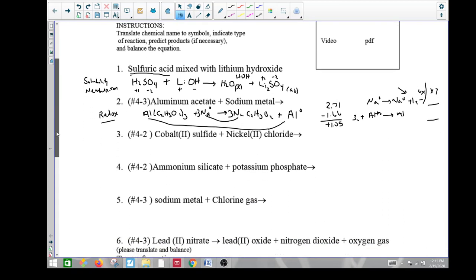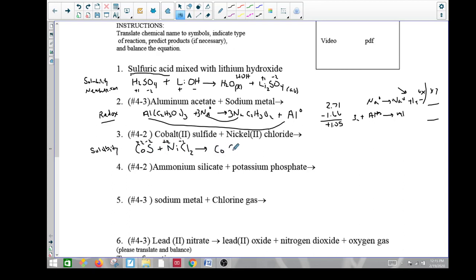Alright, we got cobalt sulfide, that's CoS plus nickel chloride. Again, that's going to be a 2 here because we got +2 -2 +2 -1. This is looking like a solubility reaction. Alright, so charges will not be changing.